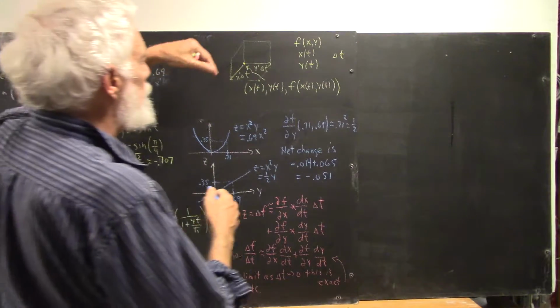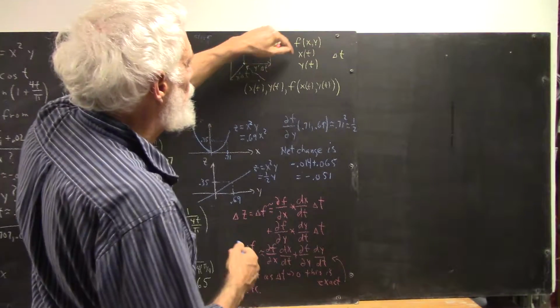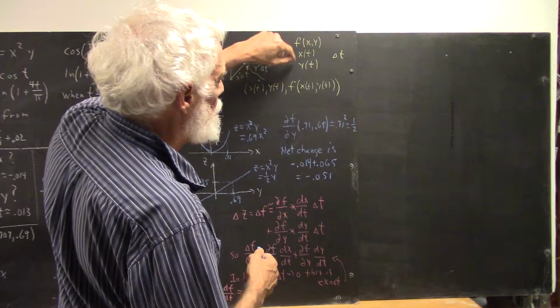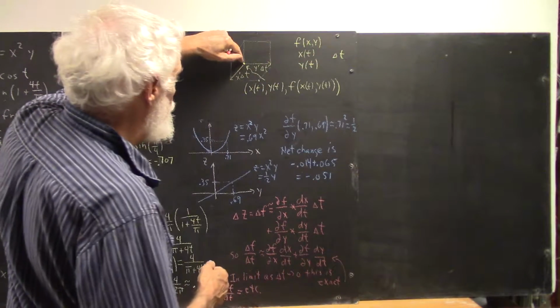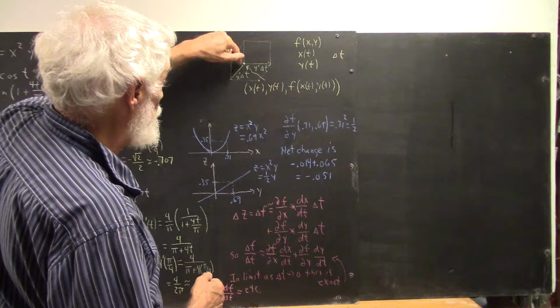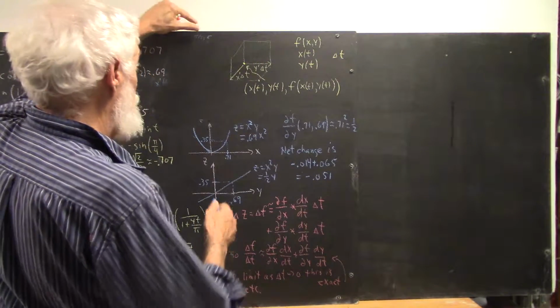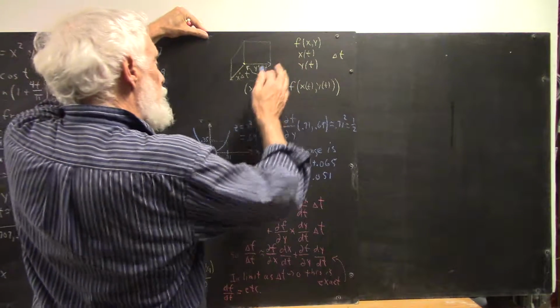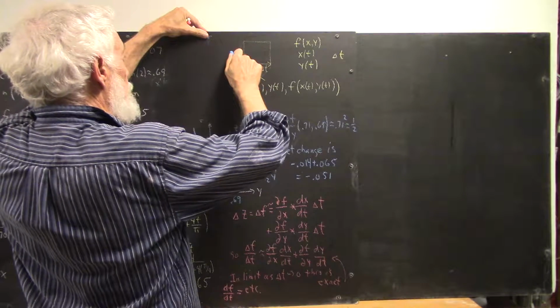Now, for this function f, the derivatives of x of t and y of t, along with the delta t, give you the derivative times delta t, which is the change in the value of x, the change in the value of y. Now, due to the nature of the f of x y function, you have some slope.